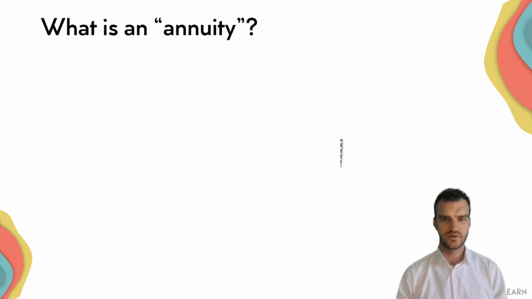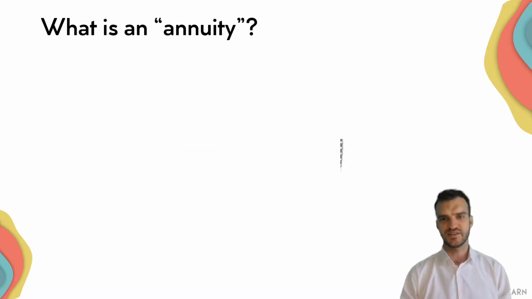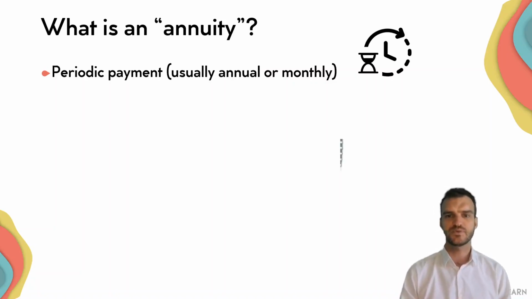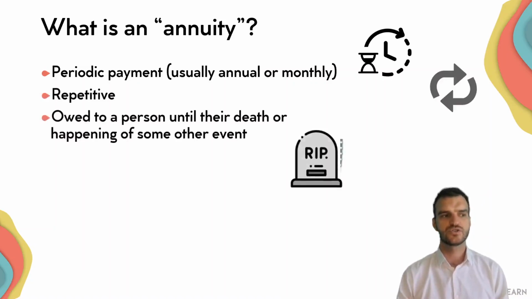Before doing so, I first want to quickly explain what an annuity is. You may have heard the term before in this course. Now you're finally being shown what it means. An annuity is a periodic repetitive payment, which is usually annual or monthly, and it's owed to a person until their death or the happening of some other event.